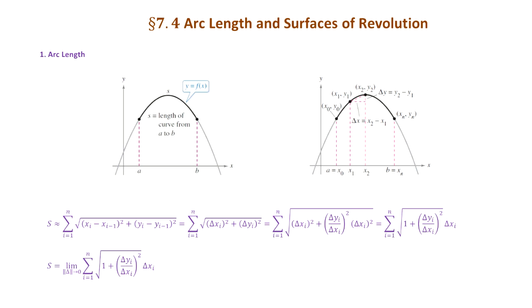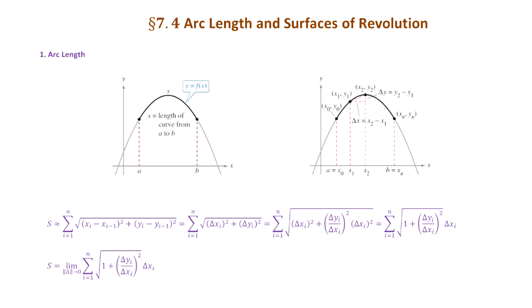So we can do a little change of the formula. Rewrite the expression as the square root of (delta xi squared plus delta yi squared) over delta xi squared, times delta xi squared. In the second term, you divide by delta xi squared and multiply by delta xi squared, so you do not change the expression.